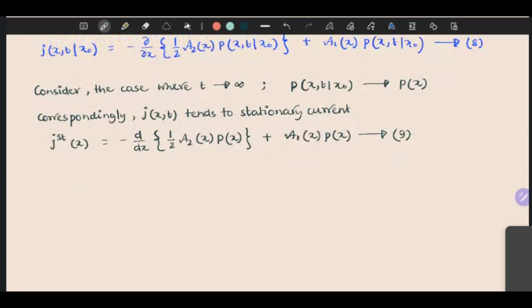Obviously, from it follows that d of p of x by dt is equal to 0 because p of x does not depend on time, right?